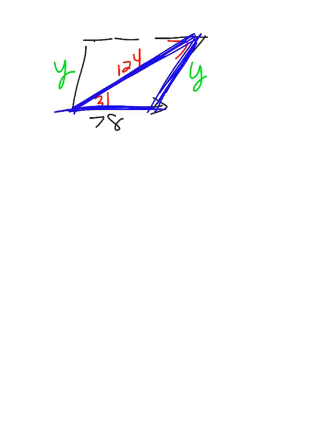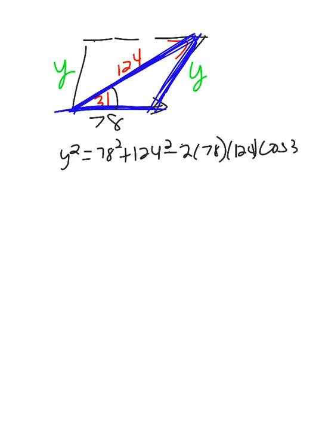All right, so let's see. I'm looking for a side. I have the angle opposite, and I have the other two sides. So that is law of cosines. Remember, law of cosines is a squared equals. So I'm going to use y squared equals, since I have the angle 31 opposite it. 78 squared plus 124 squared minus 2 times 78 times 124 cosine of 31 degrees.